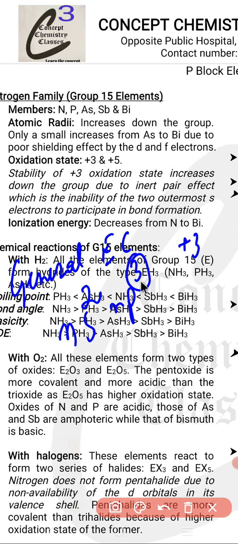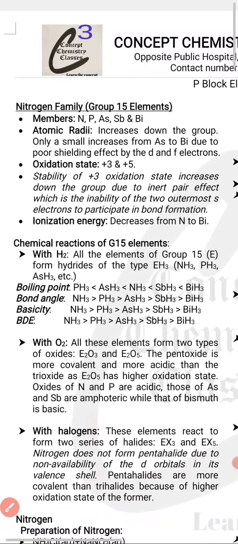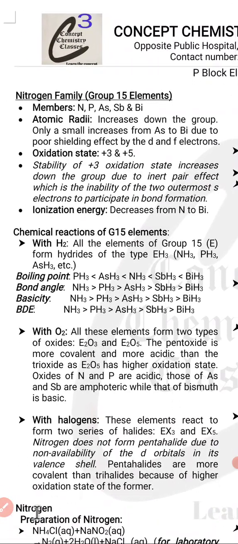If the 2 ns electrons also go out for bonding along with these 3 electrons, they will show +5 oxidation state. So generally group 15 elements show +3 and +5 oxidation states.